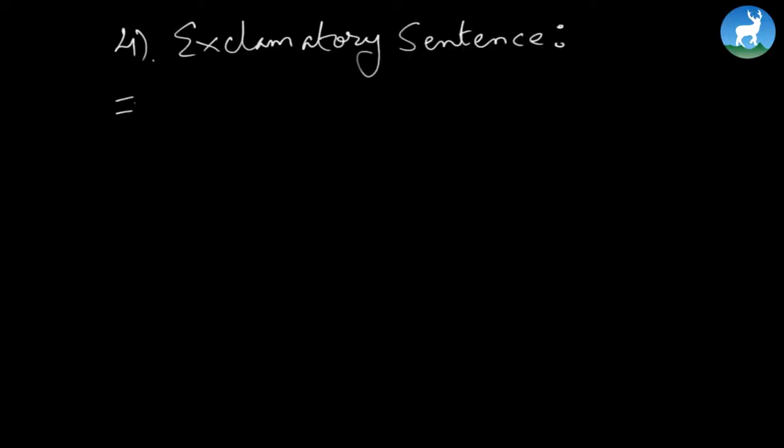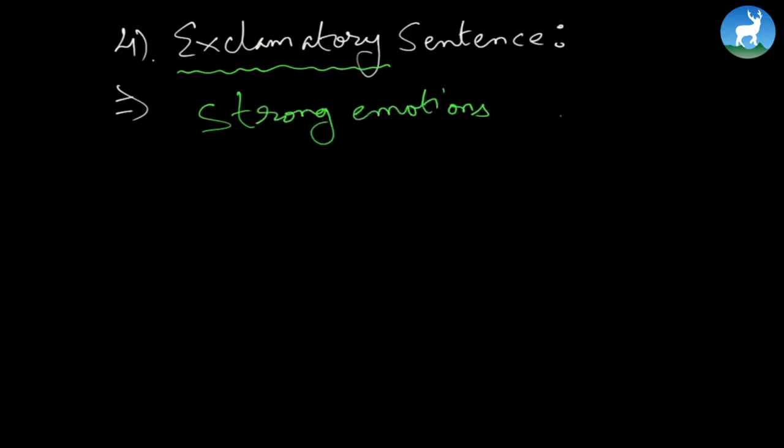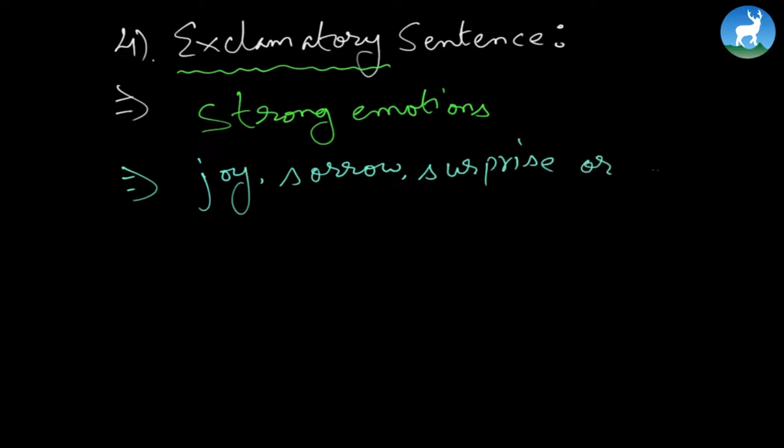Now again, moving further, we have the exclamatory sentence, number 4. Just like the name suggests, exclamation. It expresses a feeling of certain strong emotions such as joy, sorrow, surprise, or wonder.